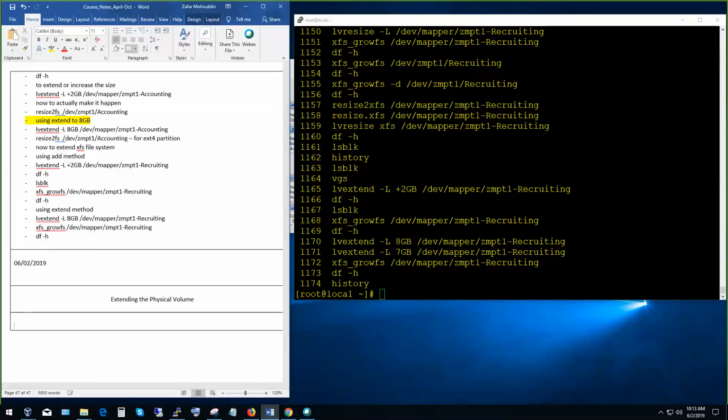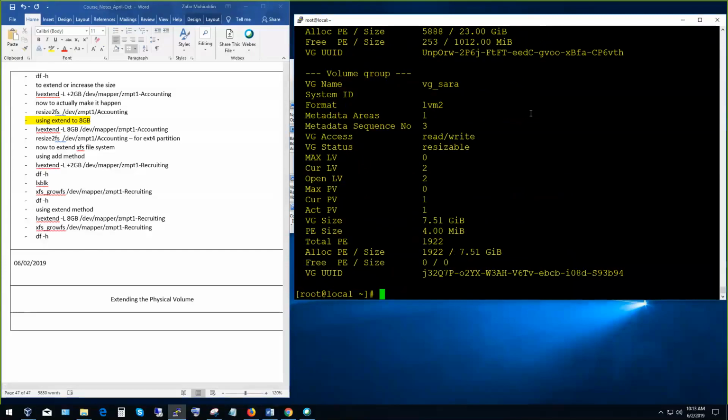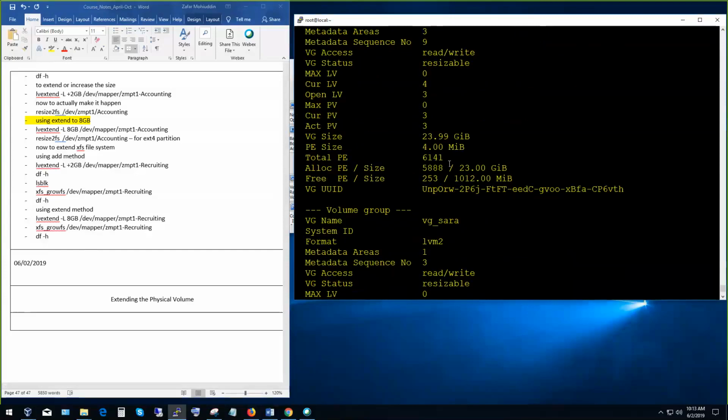Okay. All right, so let's take a vgdisplay. So what's happening here? Let's look at our volume group, and the size over here, what's the size? 24 GB, and we barely have any space left.